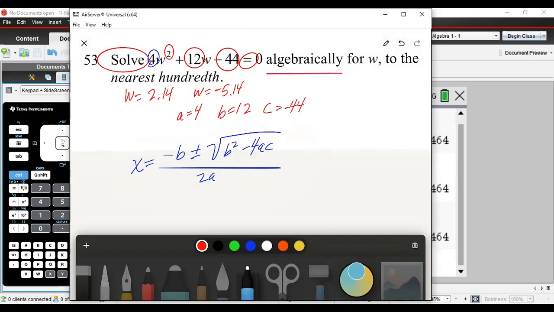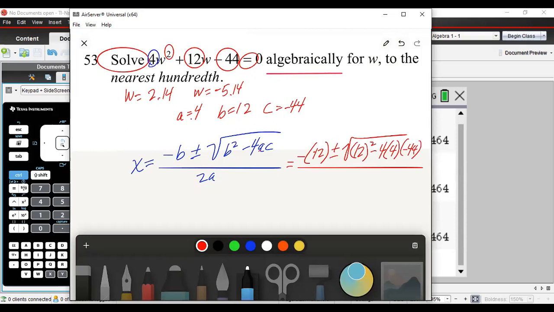That's it. All we're going to do is replace the letters with those numbers. So it's going to be negative 12 plus or minus the square root of 12 squared minus 4 times 4, because that's the A, times negative 44.